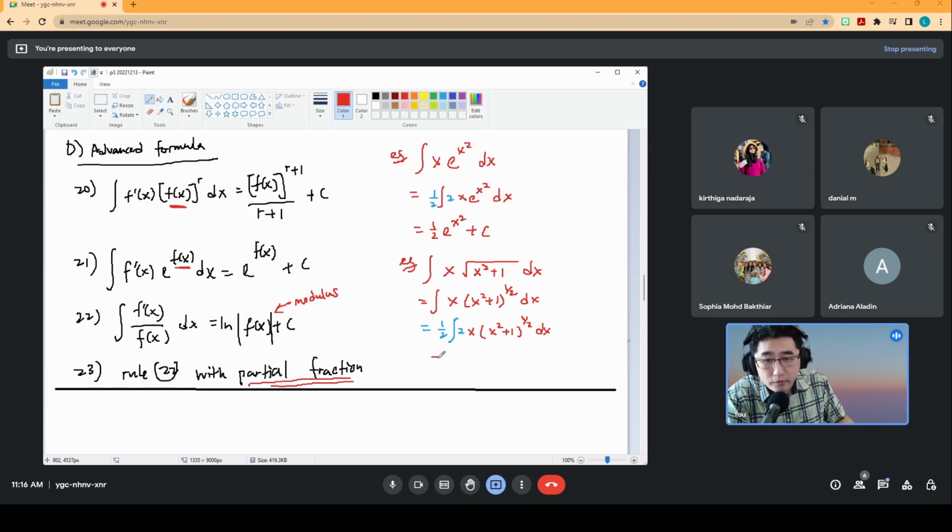Therefore, we can do it immediately. I will have a half, then (x squared plus 1) to the power of 3 over 2 divided by 3 over 2, plus c. Hence, simplifying, I get 1 over 3 of (x squared plus 1) to the power of 3 over 2 plus c as the answer.